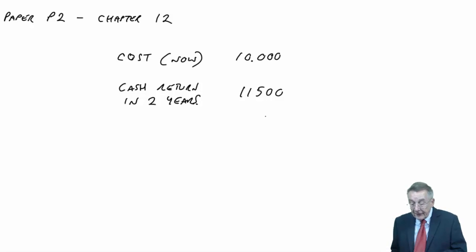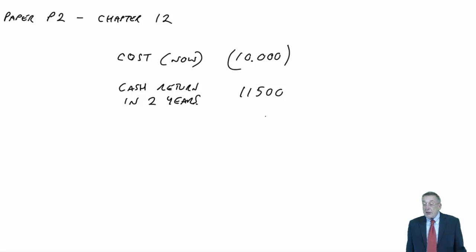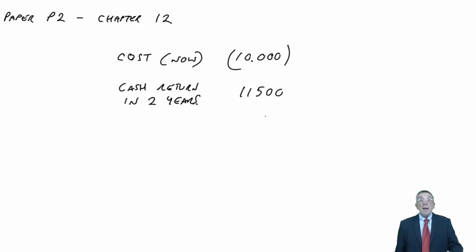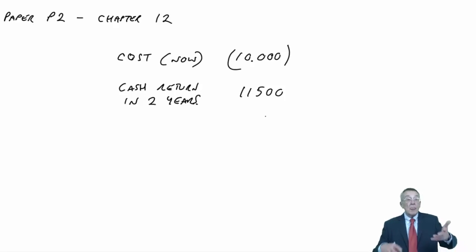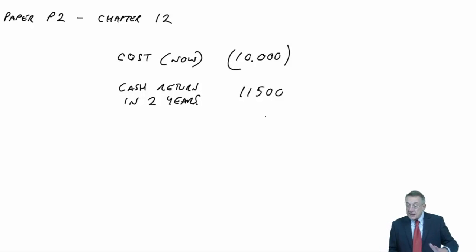Well, were it not for one factor, there's no argument. You pay out 10, you get back 11.5, so we've ended up with a cash surplus of 1,500. And I said earlier, it's the most simple idea of all. If we get a cash surplus, it's worth doing. A cash deficit, and it isn't.